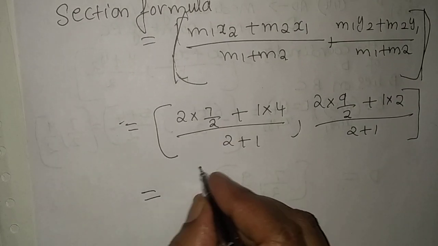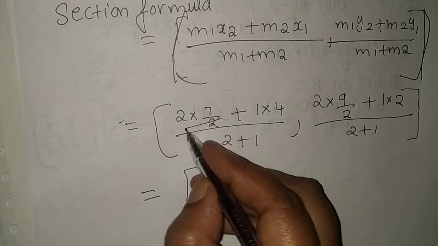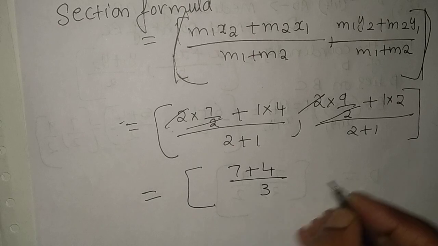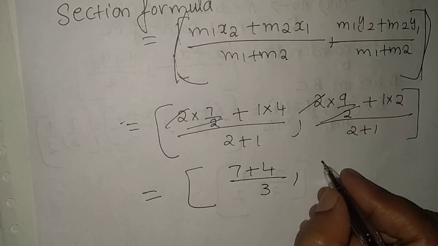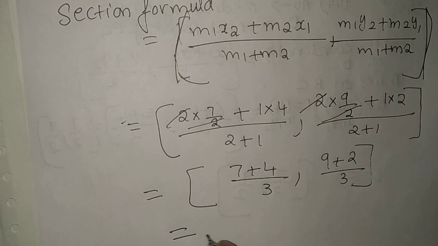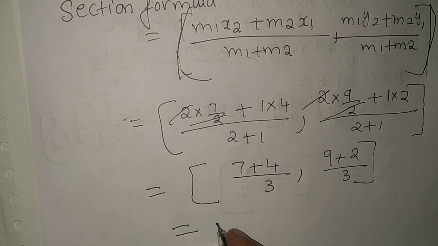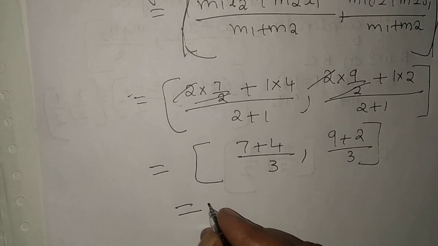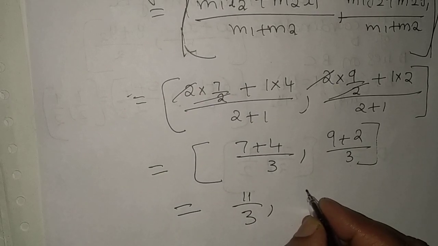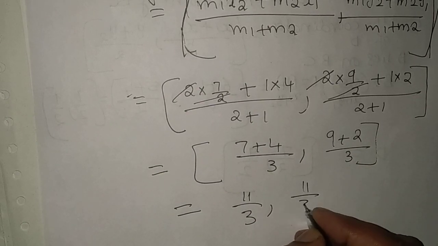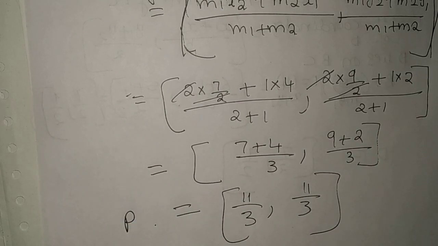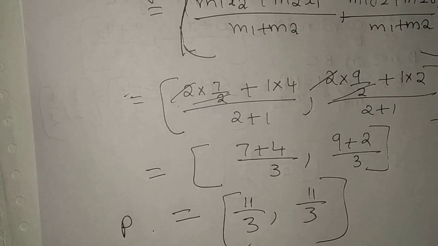Now this will be, 2 and 2 cancel, 2 and 2 cancel, (7 plus 4) by 3 and (9 plus 2) by 3. Finally we'll get 7 plus 4 is 11 by 3 and 9 plus 2 is 11 by 3. So these are the coordinates of the point P that lies on AD.